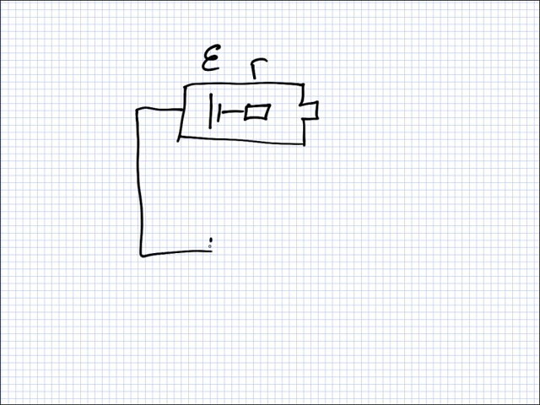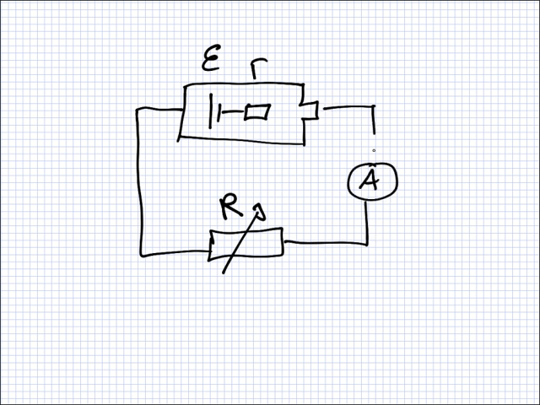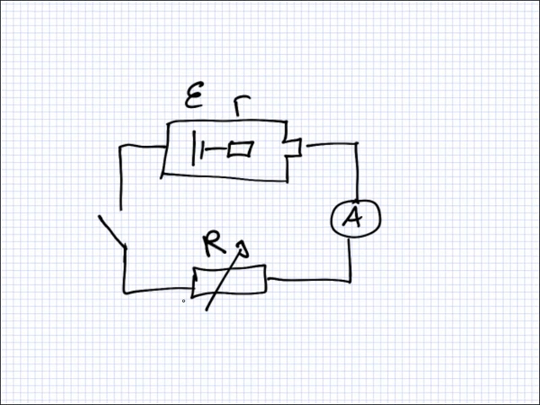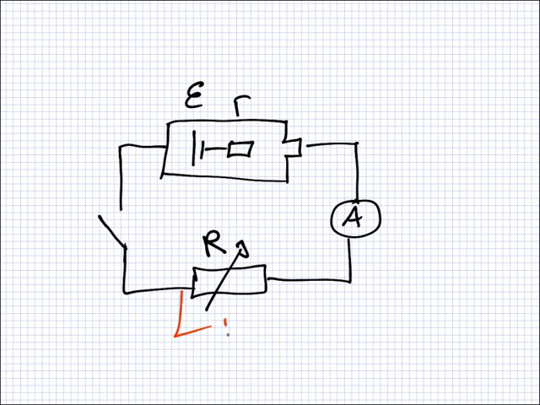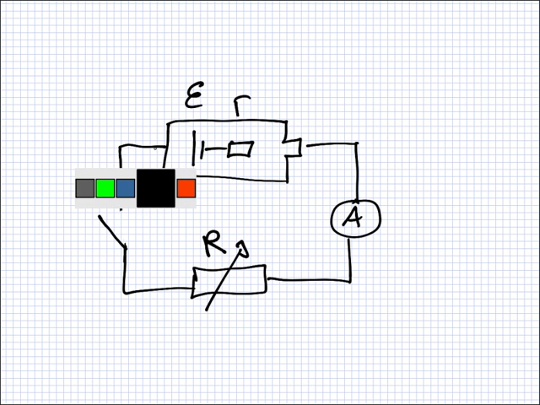You have a variable resistor here. You have an ammeter, you can put it here. We'll put our switch here. And we need to put the voltmeter. Now you can put the voltmeter in two places. You can put it here, or you can put it up the top. I think I'll put it up the top.